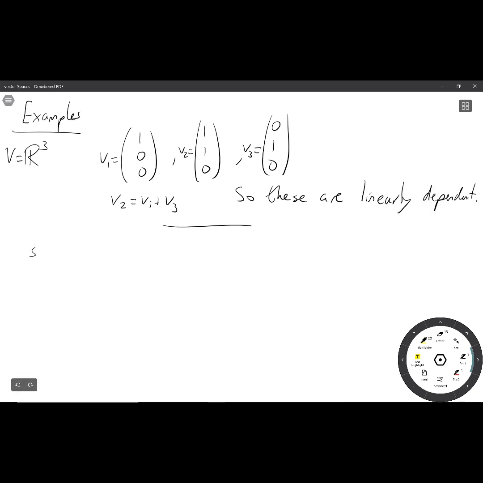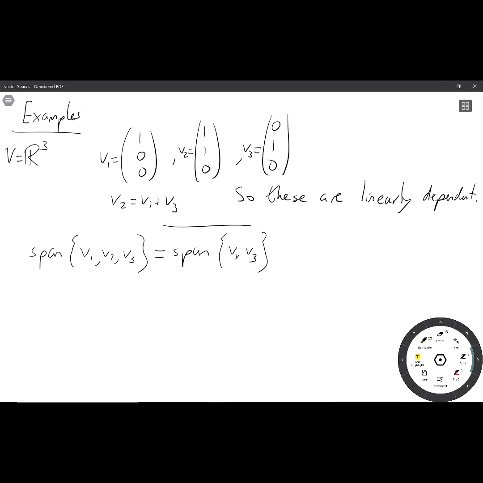What's the span of these vectors? Well, the span of these vectors is the same as the span of v1 and v3, because we can make v2 by linear combinations of v1 and v3.